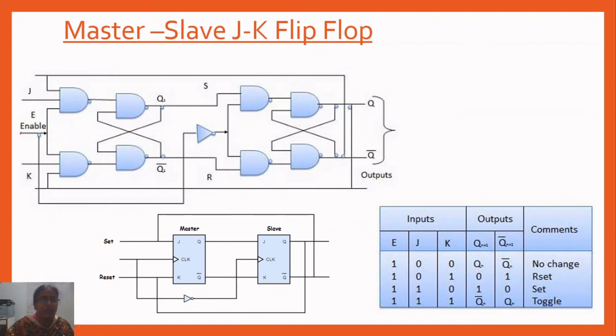You can see, let us suppose J is 1 and K is 1, the clock is enabled in the master only, and we are assuming that this is 0, this is 1. And here also this is 0, this is 1. So when this becomes 1, because Q bar is coming here, this Q is coming here, 0.